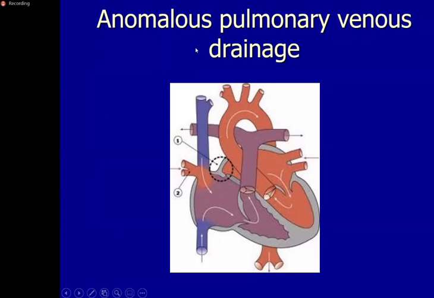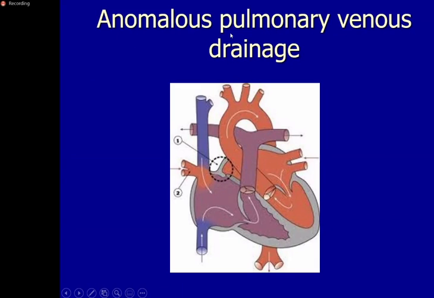Then there is something called anomalous pulmonary venous drainage. So the names as it says, what can you figure out by the words anomalous pulmonary venous drainage?